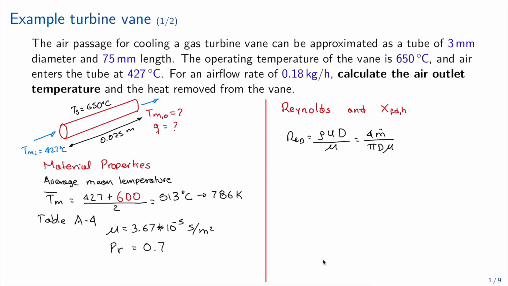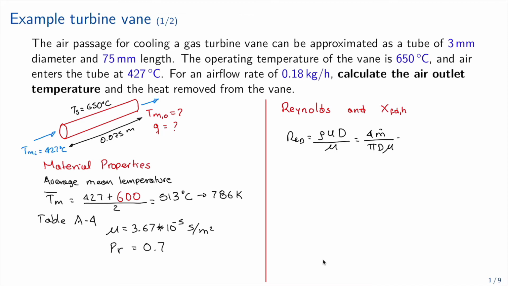Reynolds definition is rho multiplied by the velocity multiplied by the diameter and divided by mu. A different form of Reynolds in a pipe can be computed as 4 times the mass flow rate divided by pi, the diameter, and the viscosity.